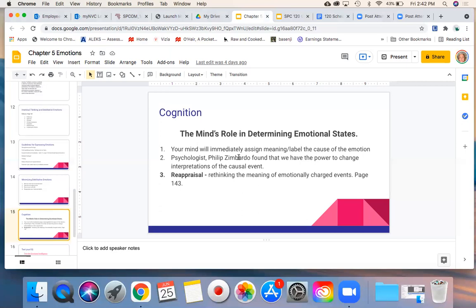Maybe check in with someone else. And maybe we have assigned some labels to a person or their actions that are not accurate. So we do have more control over our mind and our emotional states than we realize.